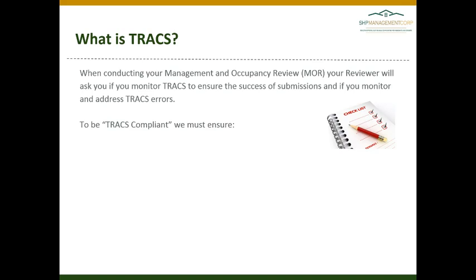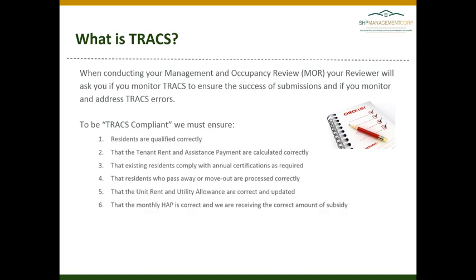So to be compliant with this requirement, we must ensure 6 different things: that residents are qualified correctly, that tenant rent and assistance payment are calculated correctly, that existing residents comply with annual certifications, residents who pass away or move out are processed correctly, that the unit rent and utility allowance are correct and updated, and that the monthly HAP is correct and we are receiving the correct amount of subsidy.